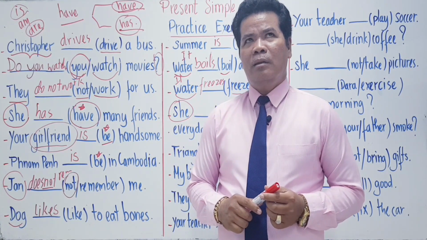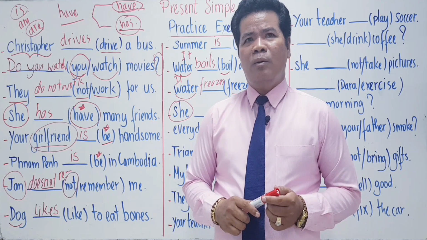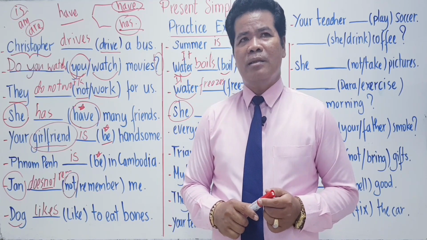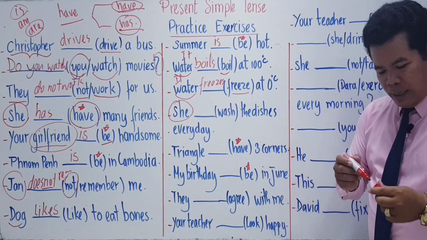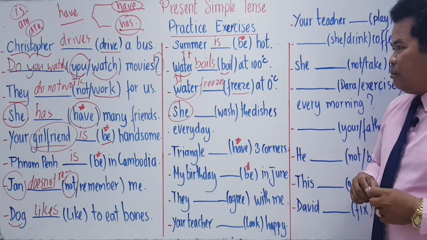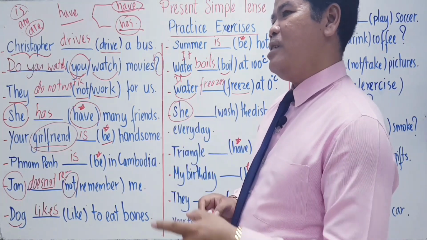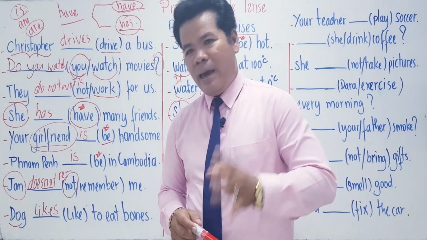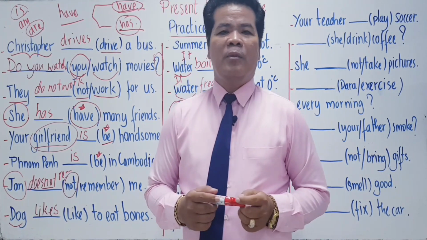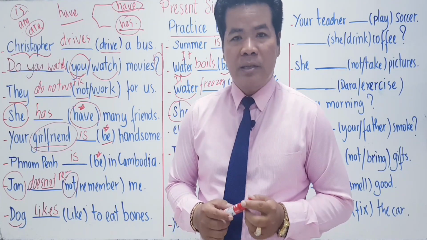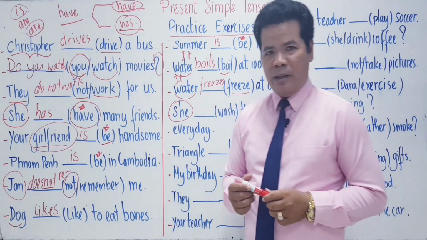Is it S? Is it ES? Or change Y to IES? Look at the way it's used here. Most verbs ending in SH, CH, S, X, we add ES to the verb when we use it with the third person singular. You remember that?